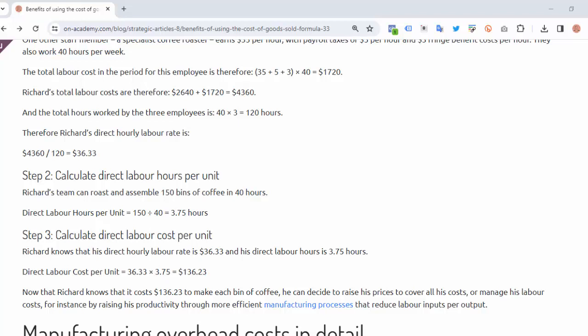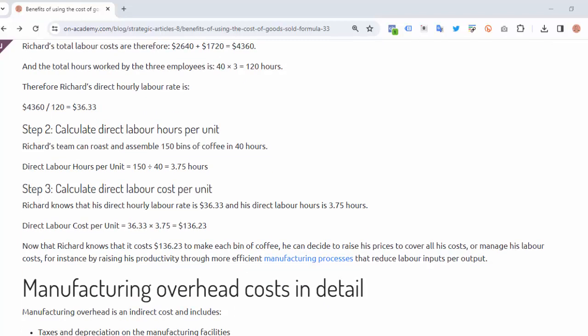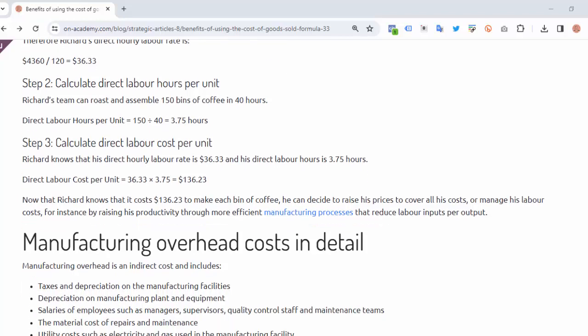The goal is to factor in variable costs, like staff with higher or lower pay rates, to gain a single value for the cost of an hour of work. The formula to calculate direct hourly labor rate can be expressed as: wages plus payroll taxes and fringe benefit costs, divided by the number of labor hours worked, equals the direct labor hourly rate.